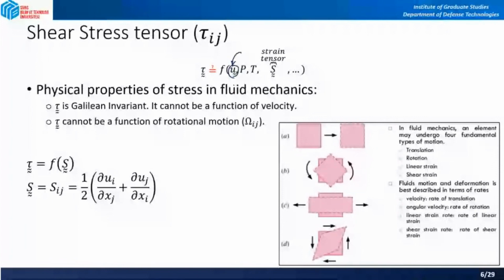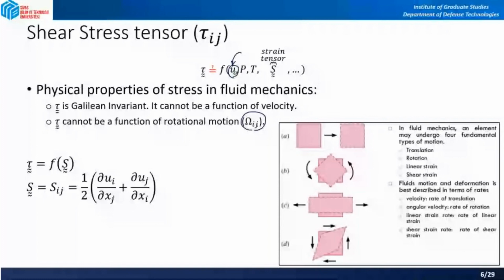So the second question is, could it be a function of rate of rotation? In order to answer that, you can see this figure on the right hand side. For example, see the translation part A. A particle is being translated.